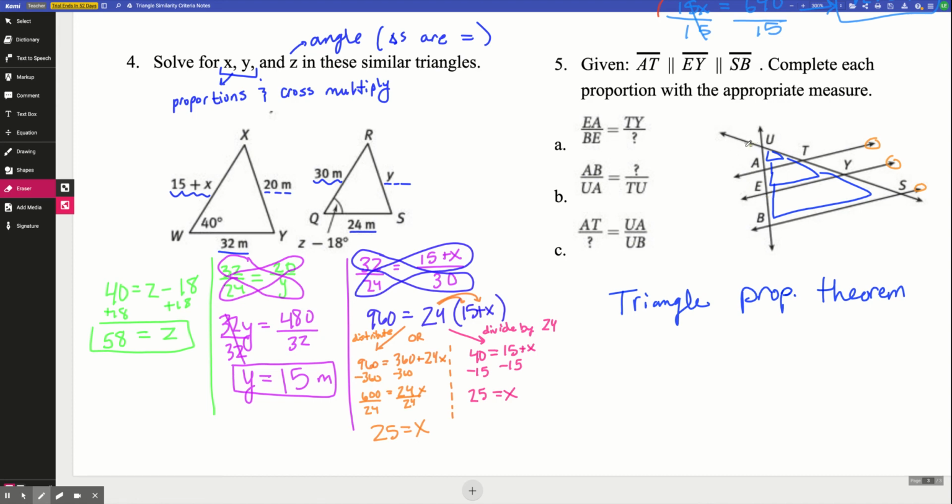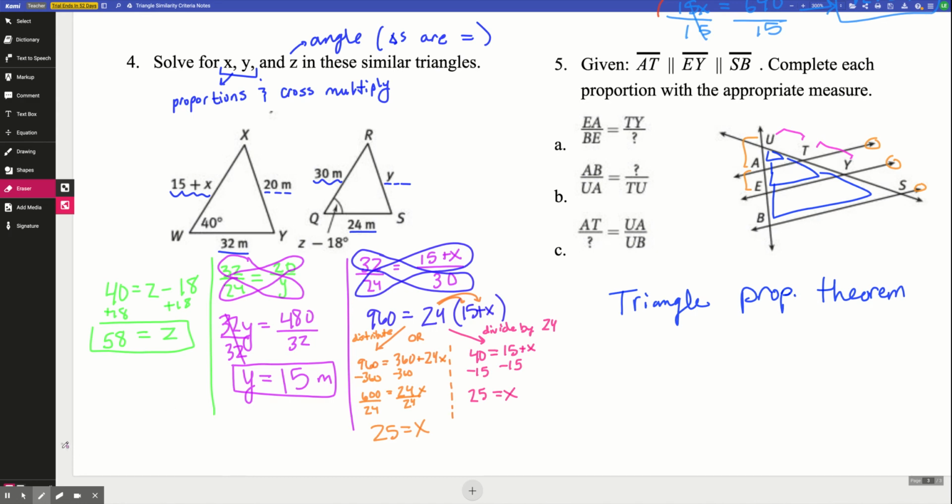So I could write a proportion with UA and AE, and that would correspond to the proportion on the other side, UT with TY. So rather than having to use the entire length of the side, you can use the small parts that it's divided into, which is kind of neat.